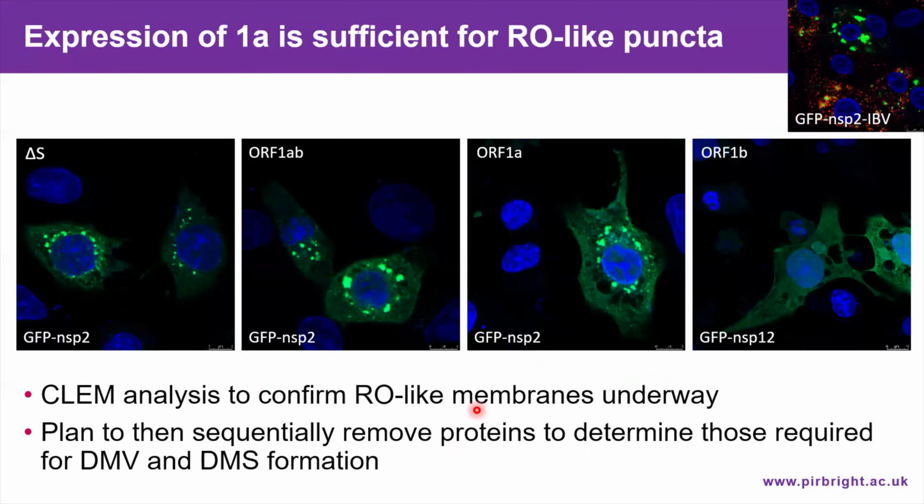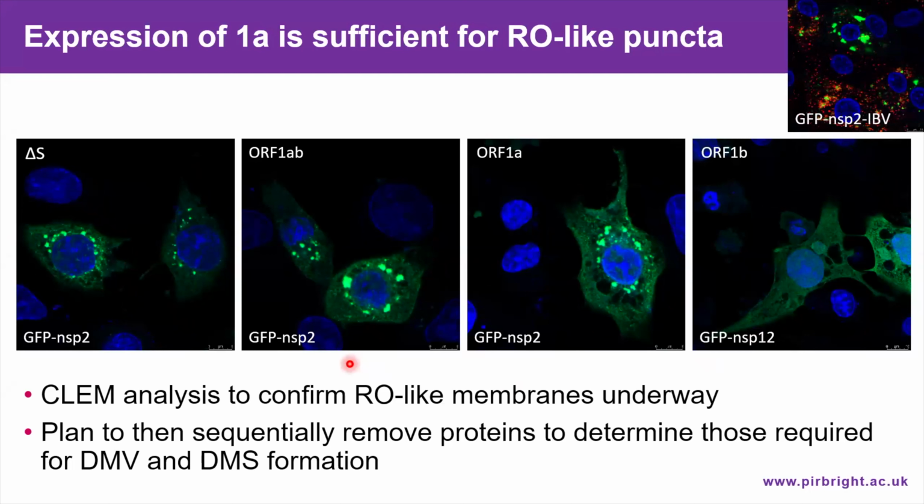So far we've managed to do some fluorescence microscopy with this. To remind you what a GFP-NSP2 infected cell would look like, you can see that you get these GFP puncta in the cytoplasm. With our delta S construct, you can see some nice puncta in the cytoplasm, and the same can be said for the ORF1ab and also ORF1a expressing cells, whereas there are no cytoplasmic puncta for the ORF1b expressing cells.